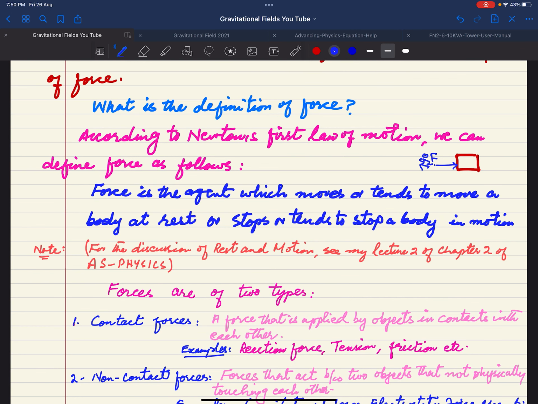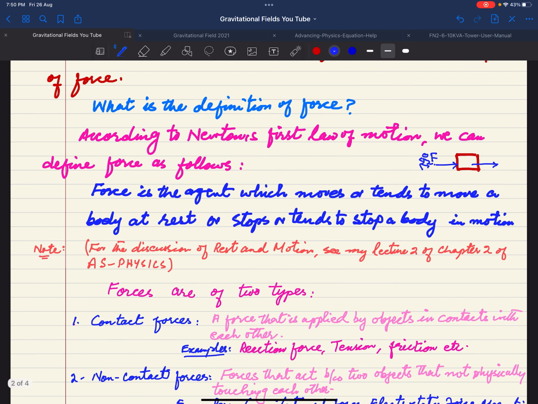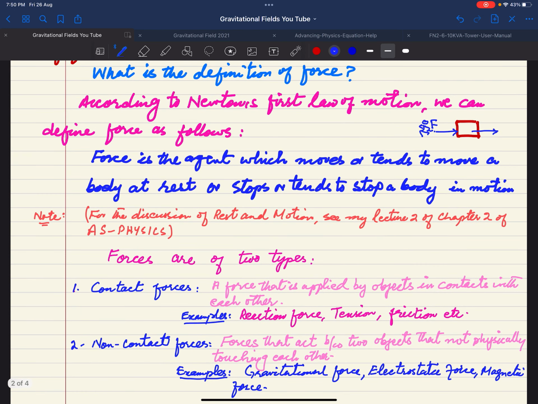People can see you, and they can see that this box is moving, but where is the force? People cannot see it. This is very important as far as the force is concerned. So we use the term force is the agent which moves or tends to move the body at rest, or stops or tends to stop the body in motion.